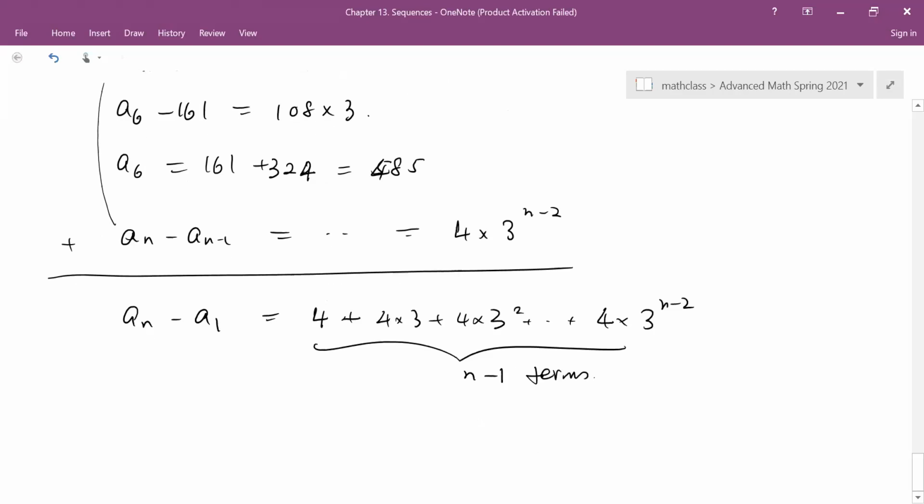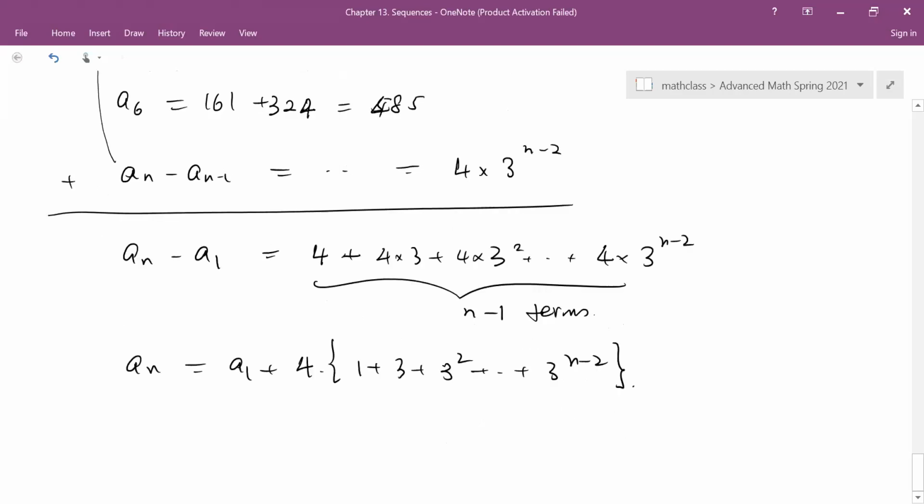Now A1 is 1. So a_n equals A1 plus all those terms, which have a common factor 4. Can we evaluate this?